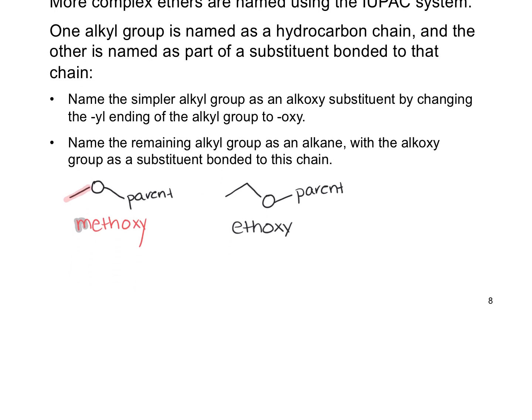So name the simpler alkyl group as the alkoxy substituent by changing the YL ending of the alkyl group to oxy. So instead of this being methyl, it's methoxy. And then name the remaining alkyl group as an alkane with the alkoxy group as a substituent bonded to this chain. So let's do an example.